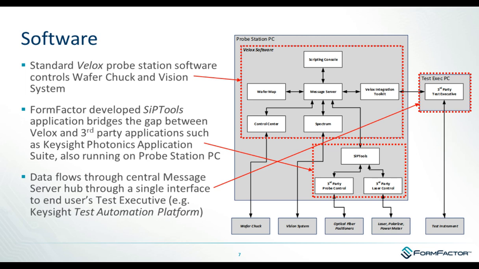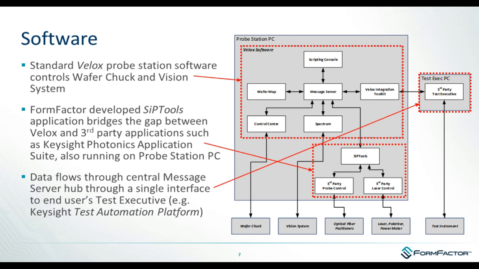Now here's a block diagram illustrating how all of our software applications are stitched together for the integrated solution. The big gray box in the top left represents the PC that runs our probe station. When you order a CM300XI, it comes with the Velox probe station software, which is really a family of applications, each one serving its own purpose.